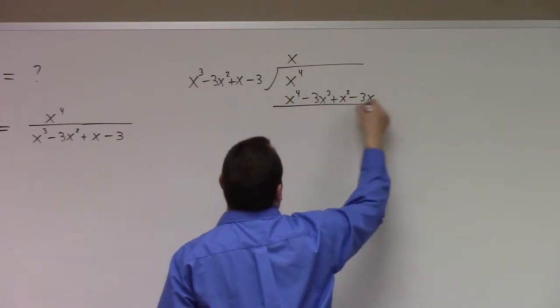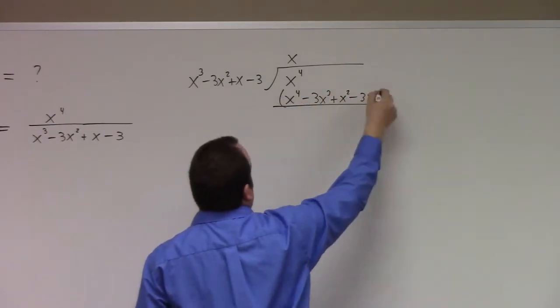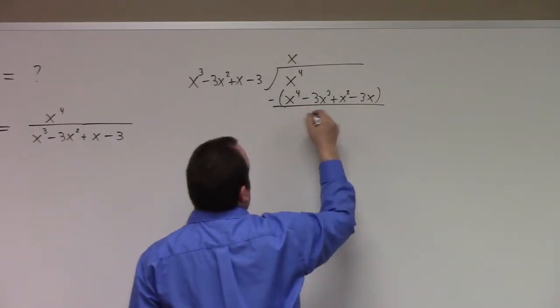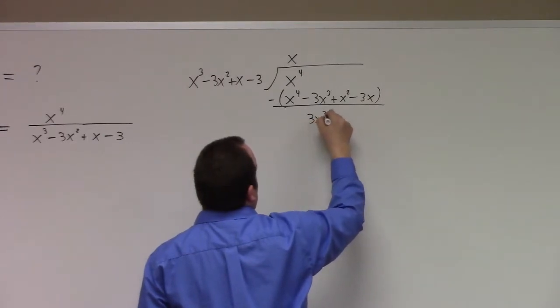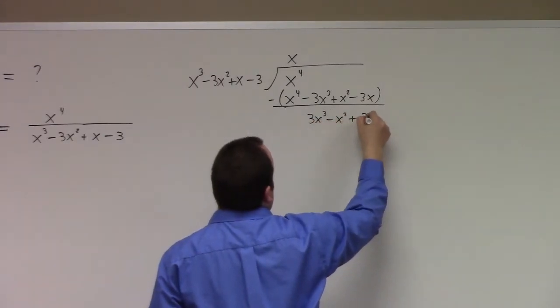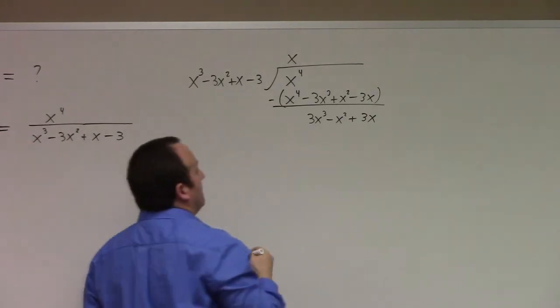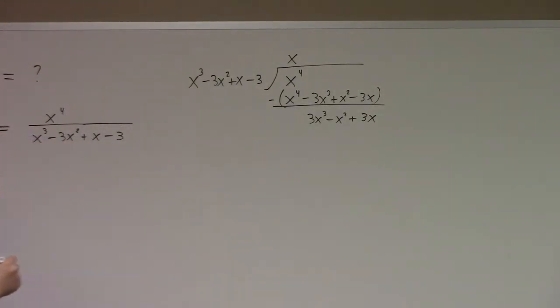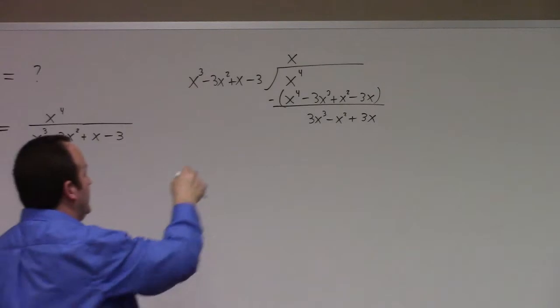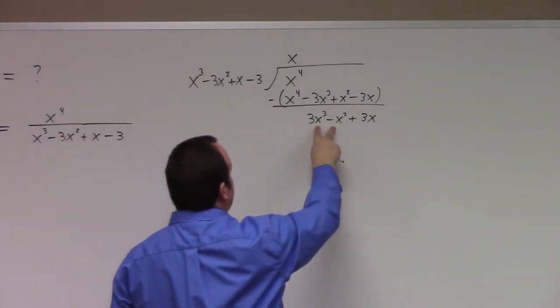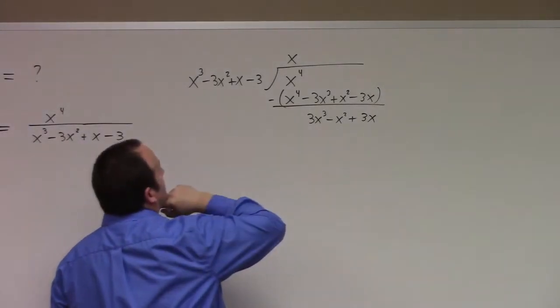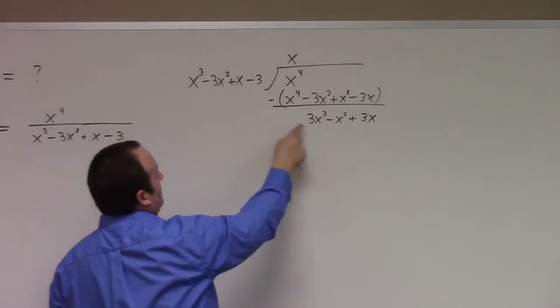I have to subtract that, of course. So I get 3x cubed minus x squared plus 3x. Same degree as the divisor, so I'm not done yet. How many of these can you fit into that? 3, right?